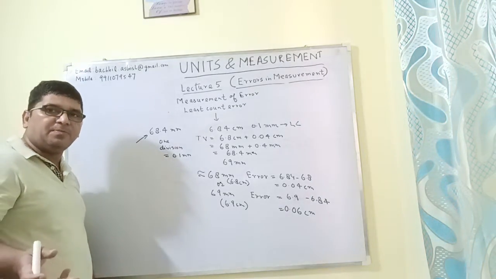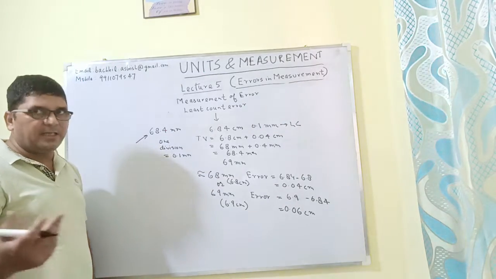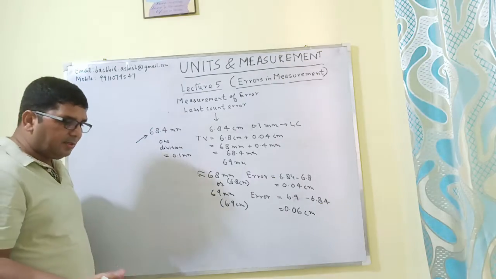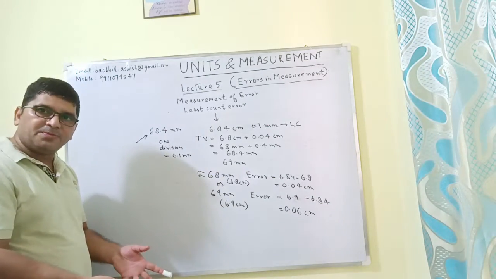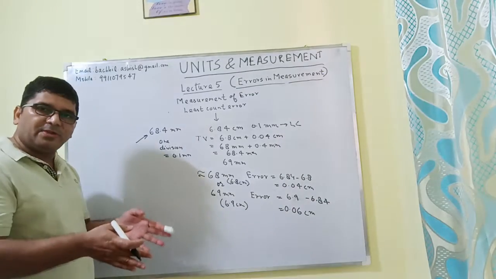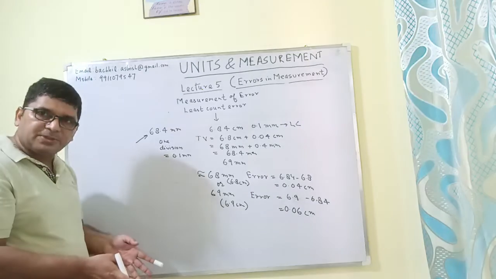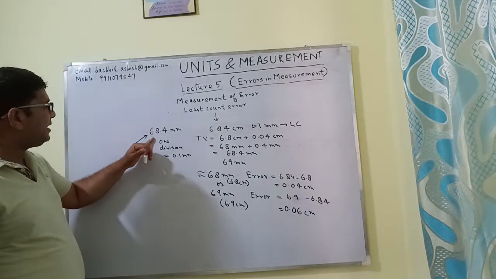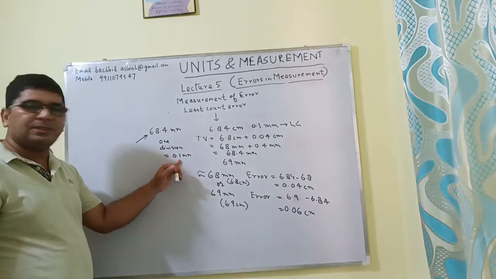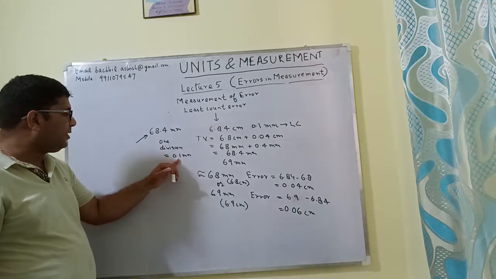Definitely there can be an error, because the person who is taking the reading can create an error at the time of observation also. But if you are not careless, and you are taking the readings properly with your head in the right position, then you can definitely get the true value with the instrument which has a least count of 0.1 mm, because one division is equal to 0.1 mm.